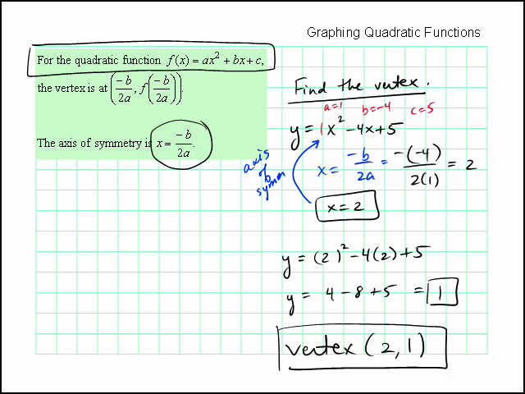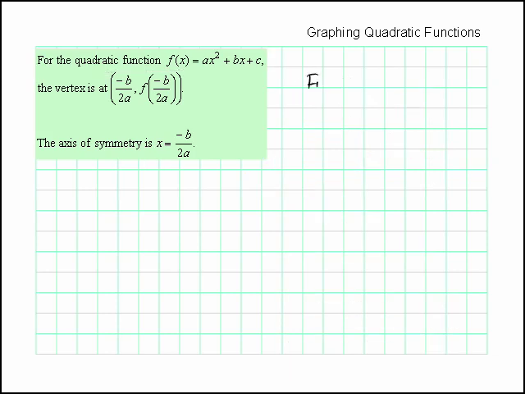Let's do one more example of that. Find the vertex. We'll take the function y equals negative 2x squared plus 3x minus 1. Okay.